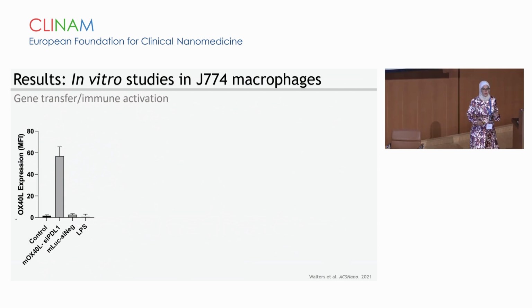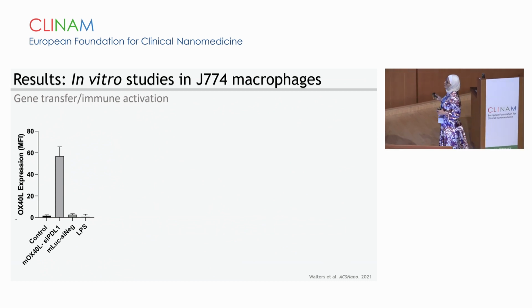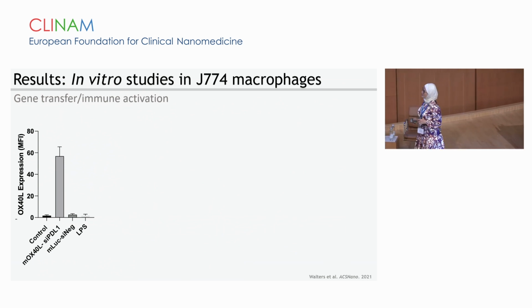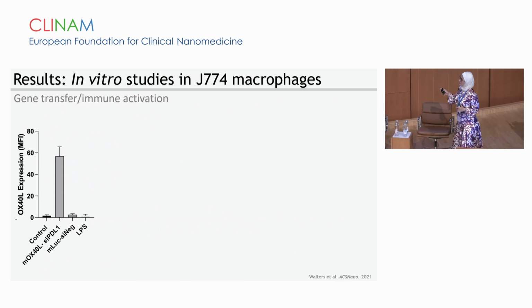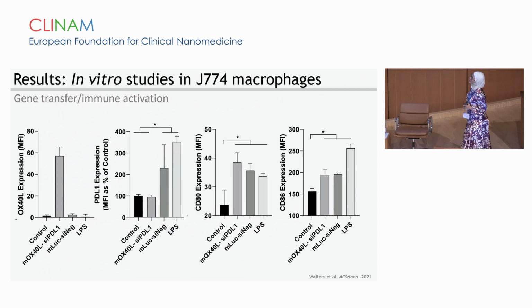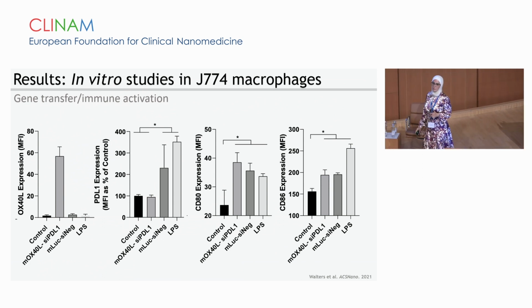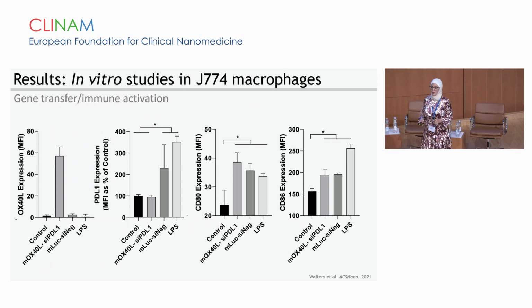When we looked at transfection of the J774 as a model macrophage in culture, where we wanted to co-stimulate or overexpress the OX40 ligand, which you can see has been successfully done with the combination nanoparticles, we found undesired overexpression of PD-L1, which is actually the immune checkpoint that we would like to silence.